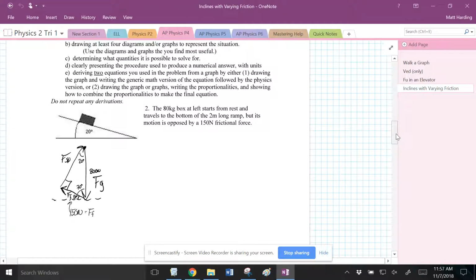Wait, what's 80? The weight? 80A. Yeah. Wait, no. The acceleration should be.